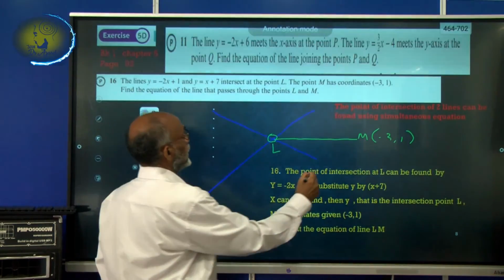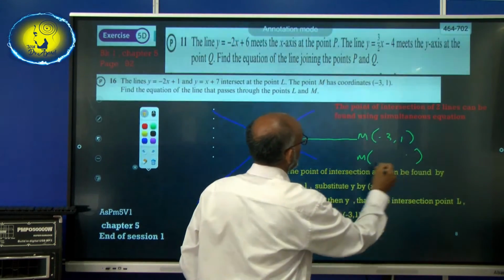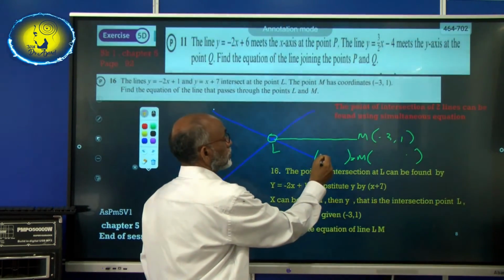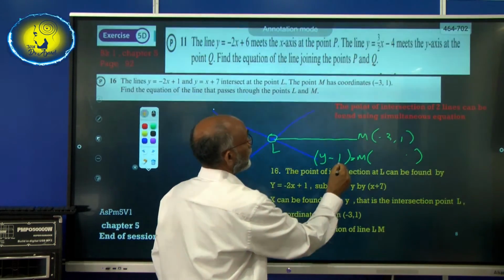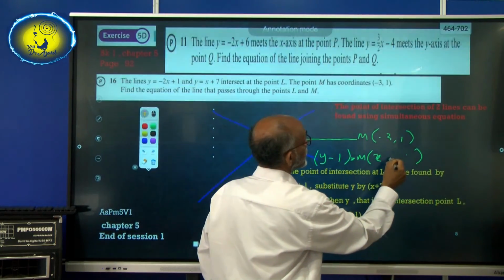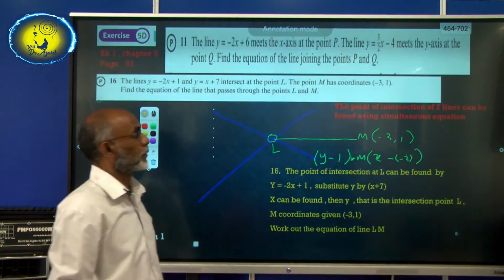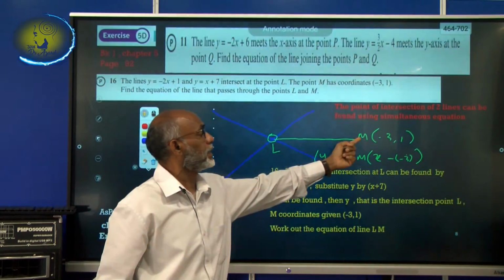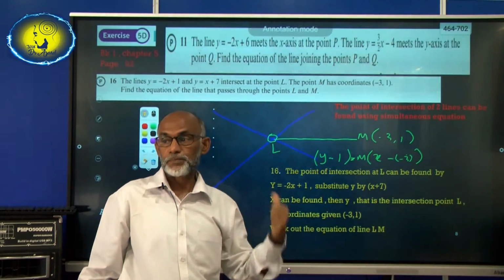Once we know the gradient, we can apply this. Here y is 1. So I'll leave it to you all to find the gradient between the points L and M as per our previous exercise.